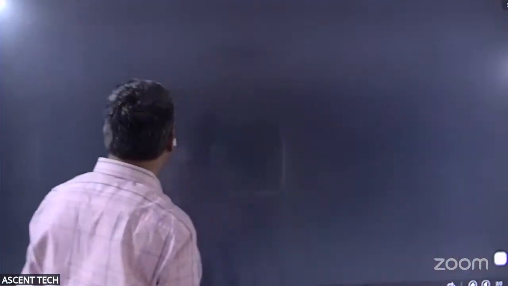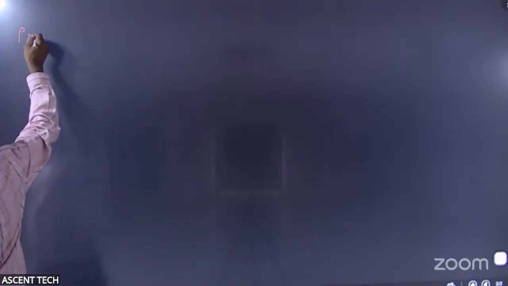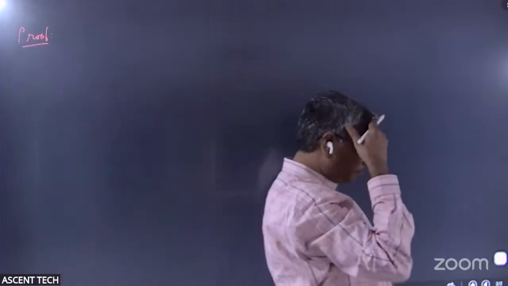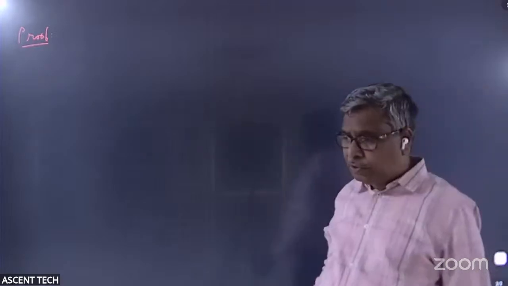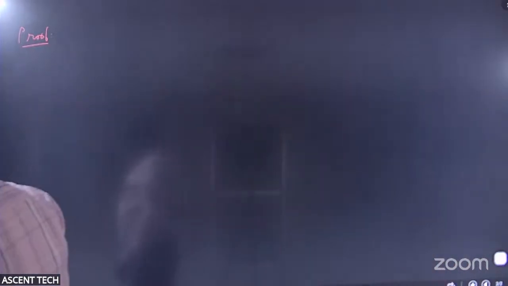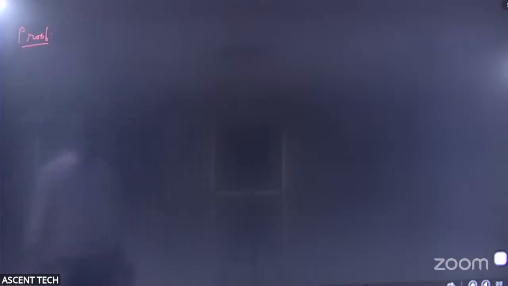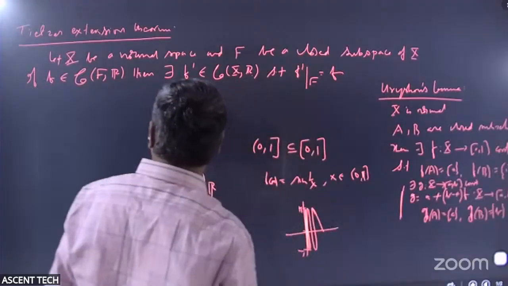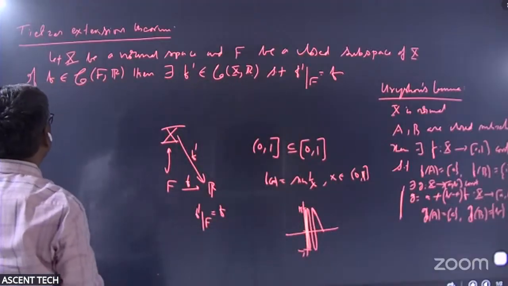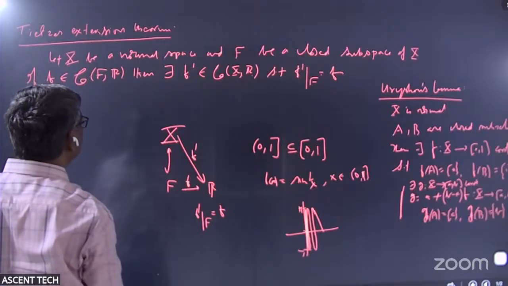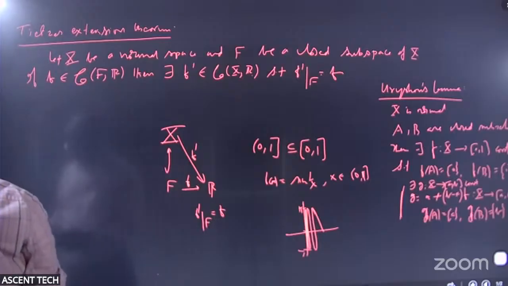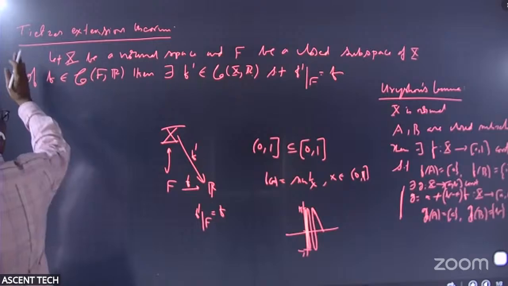Proof. So there is already a small f from capital F to, let's say, R. No, not R, I will state it properly. I want it to be a closed interval [a, b]. Take it back.